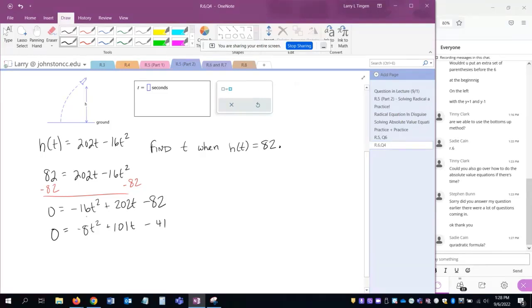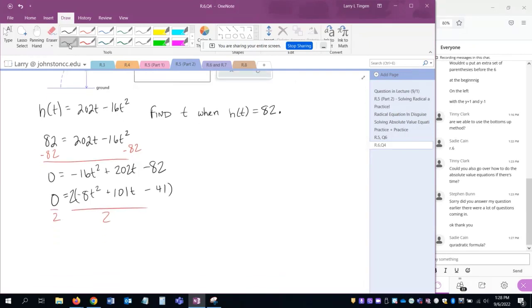Anything else left in common? What I did there technically is I factored a 2 out and then divided both sides by 2. 0 divided by 2 is 0. So that's why I didn't just make that go away. Negative 8t squared plus 101t minus 41. Quadratic equation sounds good to me.